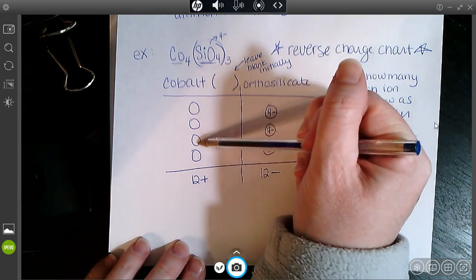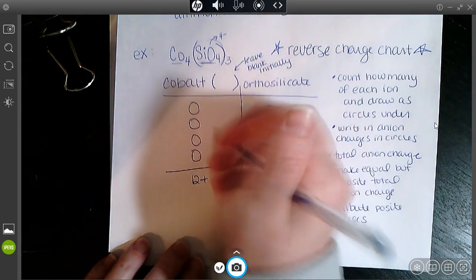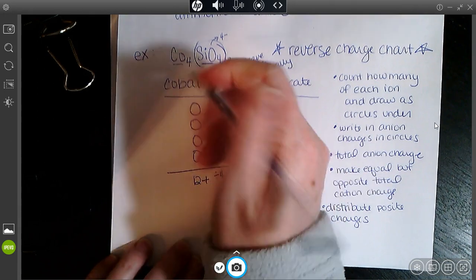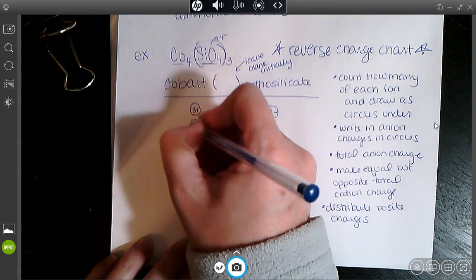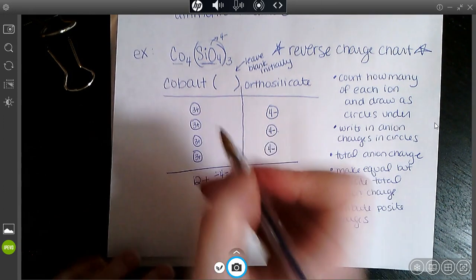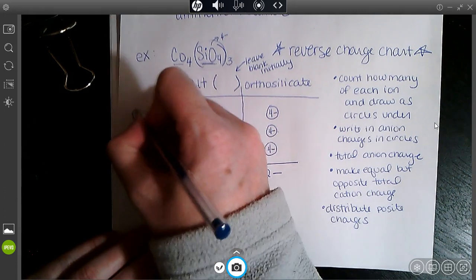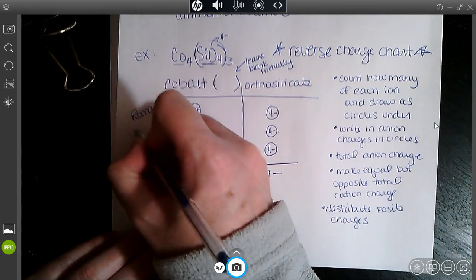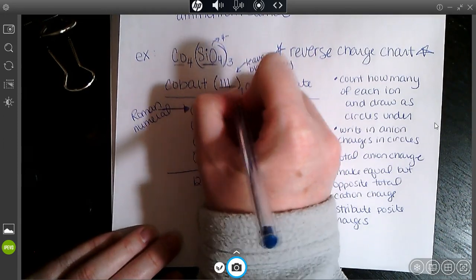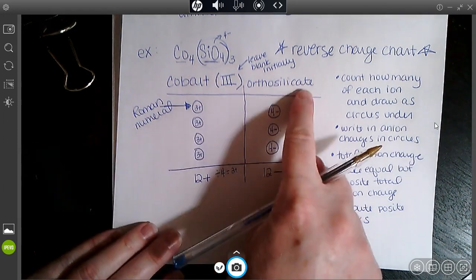Since I have 4 parts, I just take 12 plus and divide it by 4. So 12 divided by 4 is going to give you 3 plus. So that's what goes in each of these. So each cobalt has a charge of 3 plus. Whatever goes in here, that's your Roman numeral. So here's your name, cobalt-3 orthosilicate.